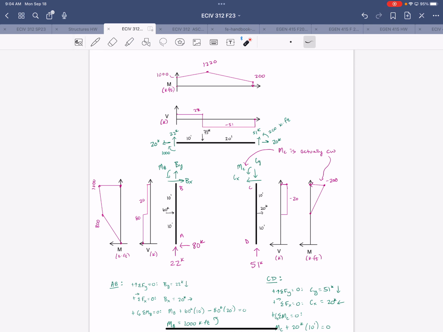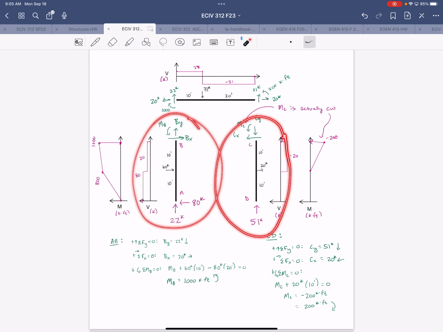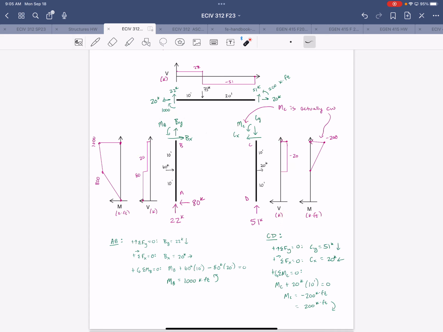And so remember I talked about how my approach was to, after finding the reaction forces and breaking the frame apart at the joints, start with the two columns, right, and find the forces at joints B and C just using the columns. Then just transfer those forces to the beam to draw the shear and moment diagrams.